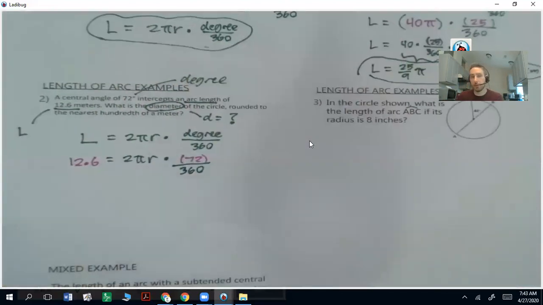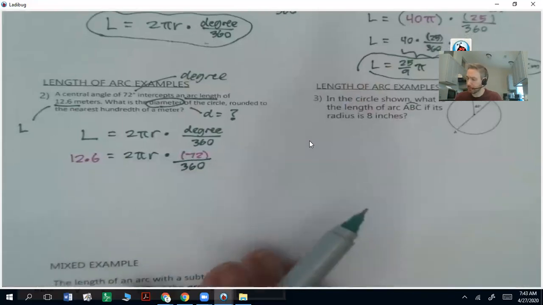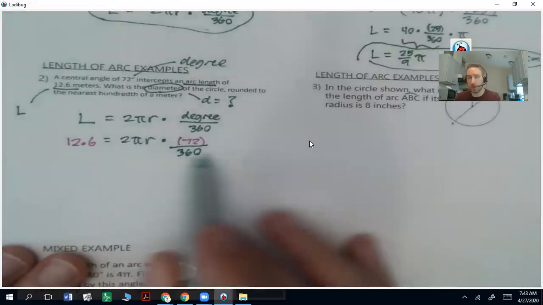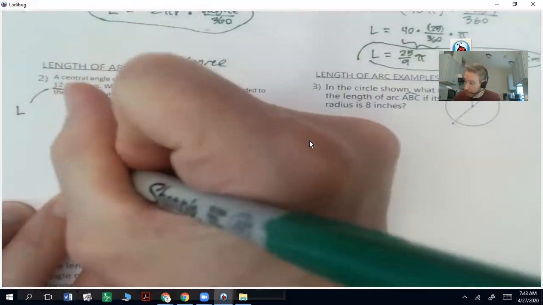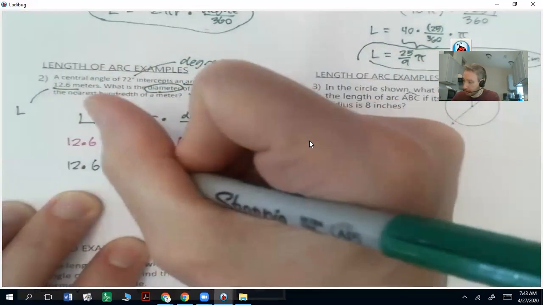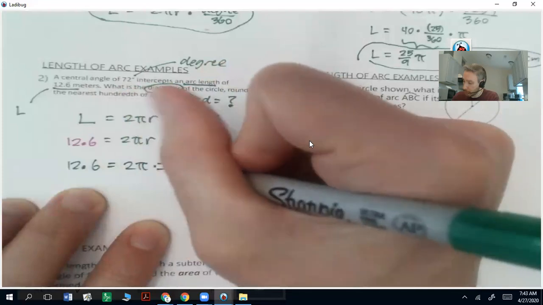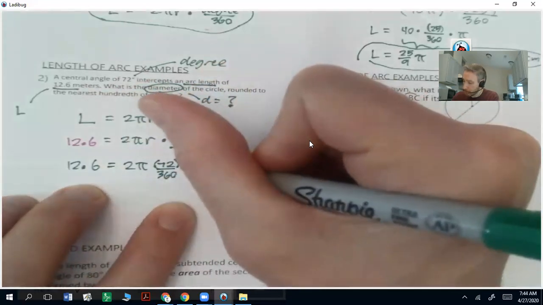There's a bunch of different ways to do this problem. We can get rid of each one of these items individually. My typical way of doing this is just to get this to one number times r. So what I would do in the calculator is say 12.6, put the r at the end. It's 2 pi times 72 over 360 times r.